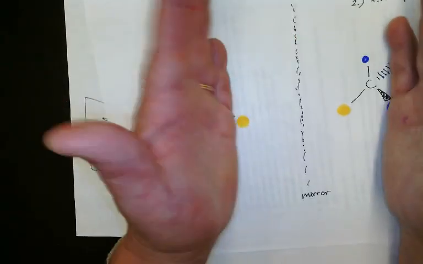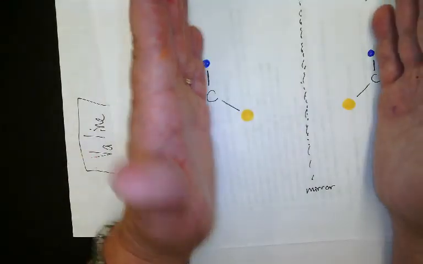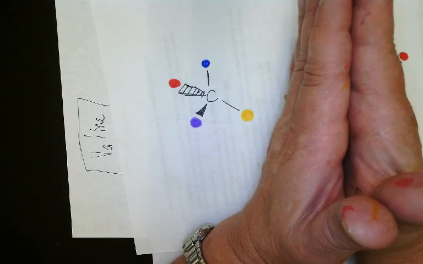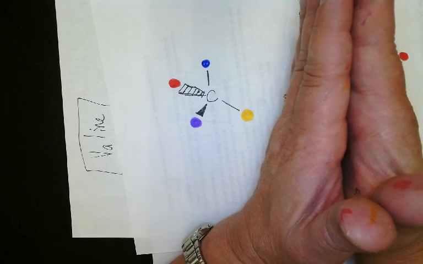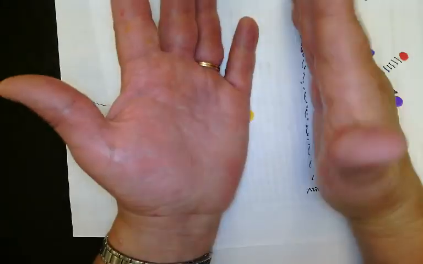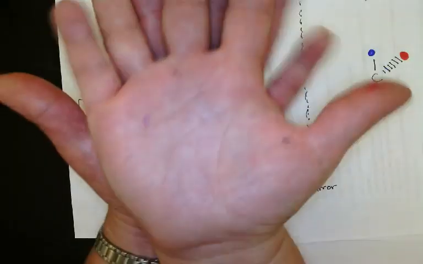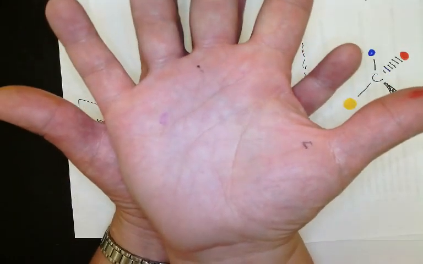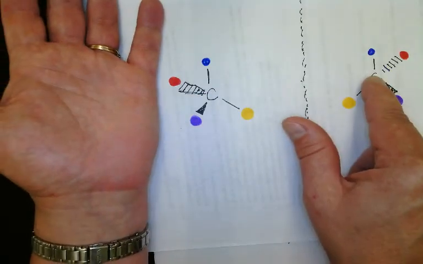If you have a mirror image and it doesn't match perfectly, that means it's chiral. Because if something's chiral, you can't superimpose the image, because this would be the image in the mirror, and if I put it on top of what's making the image, you can see they don't match. And that's exactly what we did with these particles.